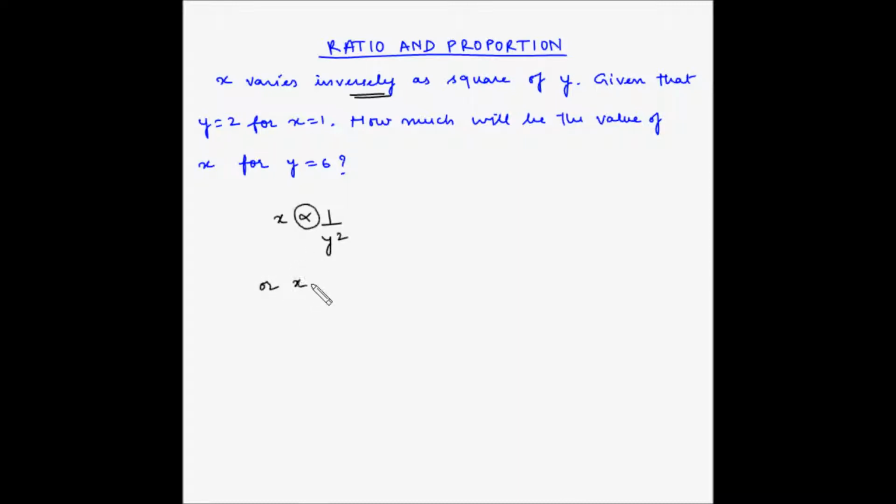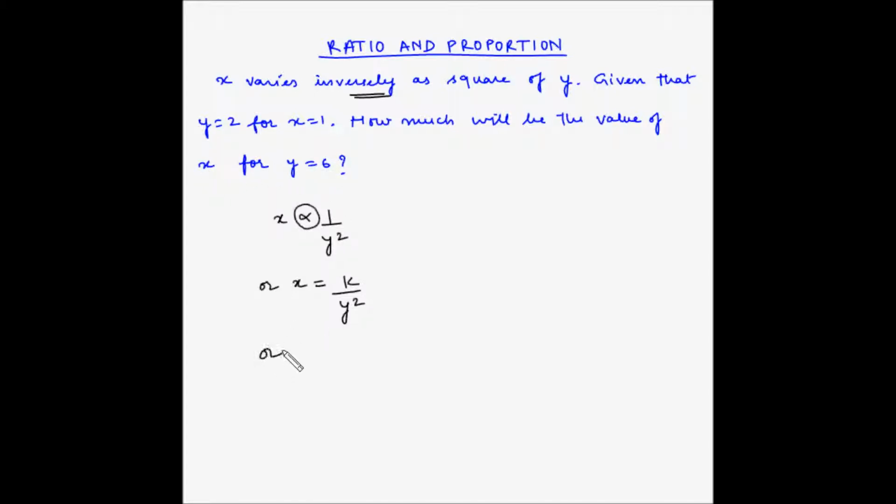So x is equal to k by y square, where k is the constant of proportionality. Now we have been given that y is equal to 2 for x equals 1. So if we plug in these values, we can find out the value of the constant of proportionality, and then we can find out the value of x when y is equal to 6.